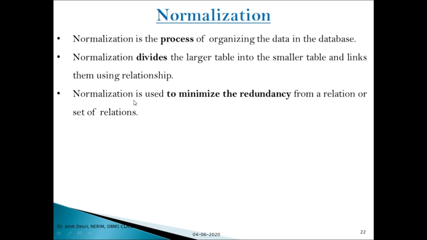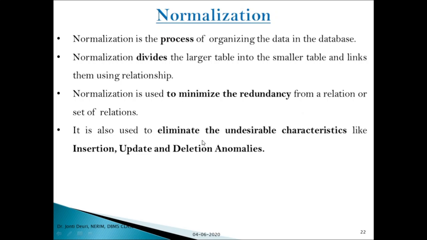So relation means table, right? A relation or set of relations is our tables in the database. Another thing is we can use it to eliminate undesirable characteristics like insertion, deletion, and update anomalies. Anomalies means unexpected or abnormal things, which we don't desire.